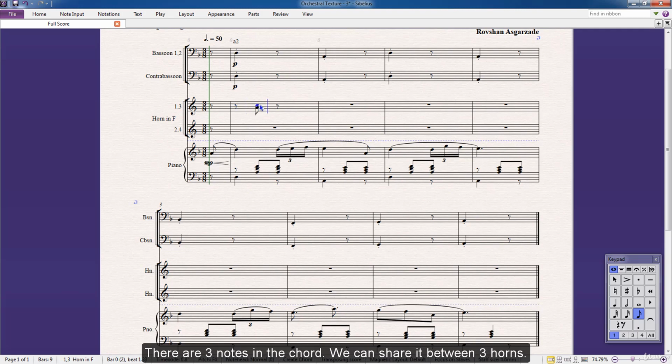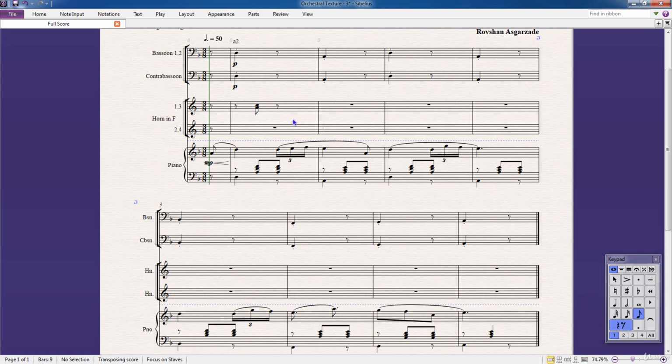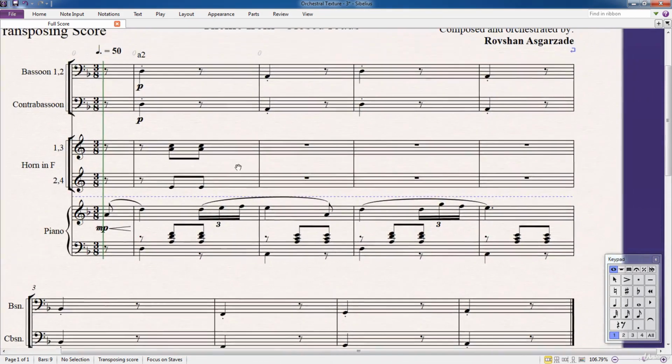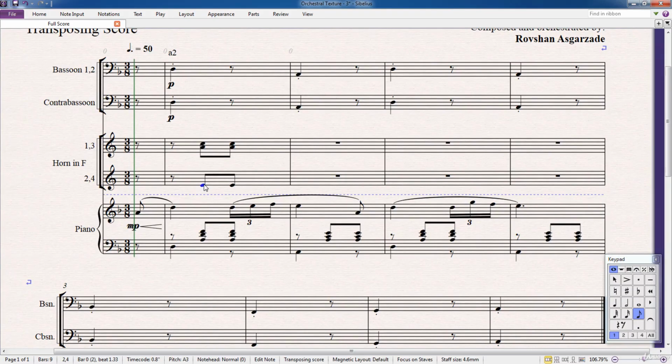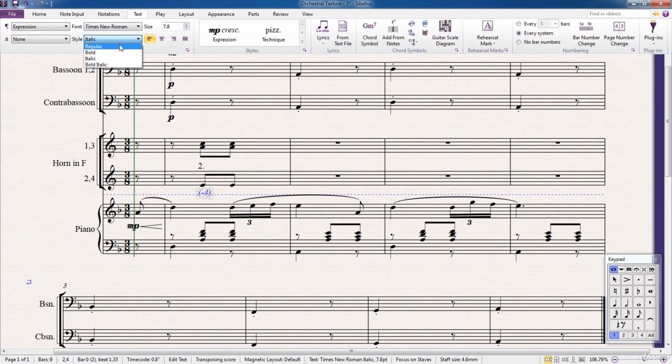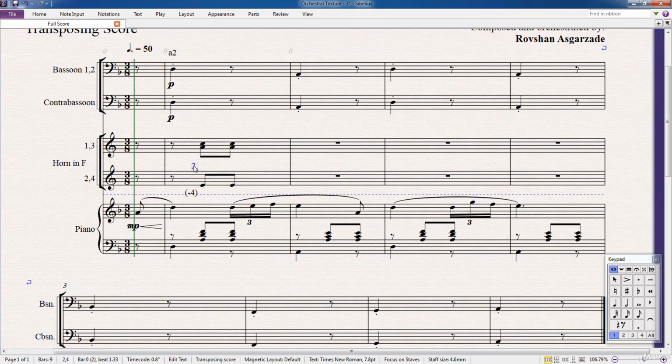We can share it between 3 horns. Horns play staccato. The dynamic marking is piano.